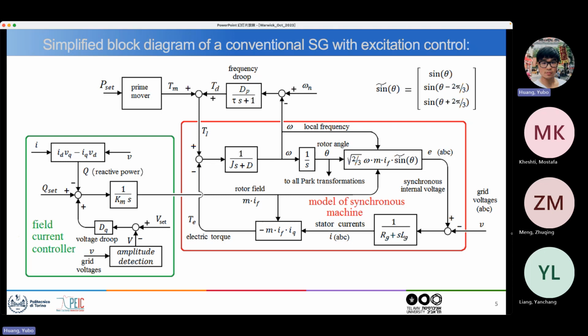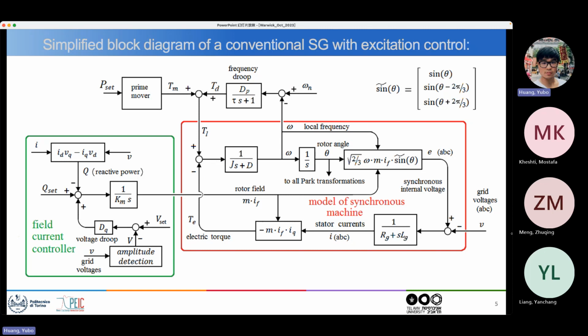But you cannot, because it is a complex mechanism which does this droop. There are valves to be opened or closed, so it doesn't react immediately. It's actually a complicated system, which is represented here, very much simplified, by a low-pass filter, 1 over tau s plus 1. So tau would be the time constant of the droop. And after this filtering through the time constant of the droop mechanism, you get a droop torque.